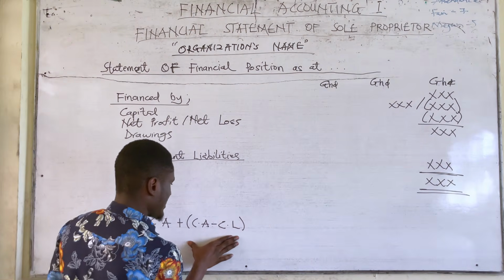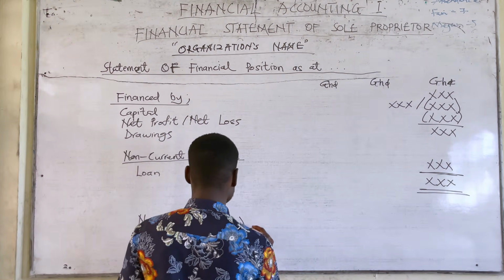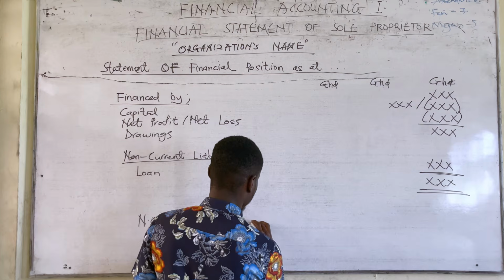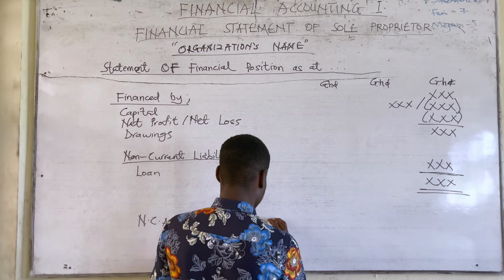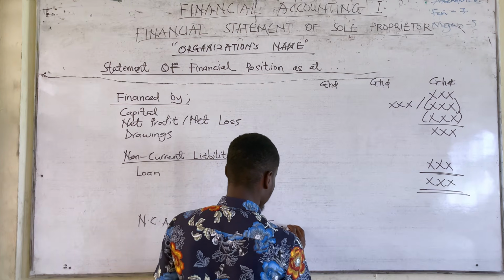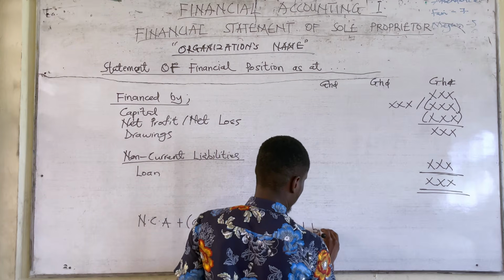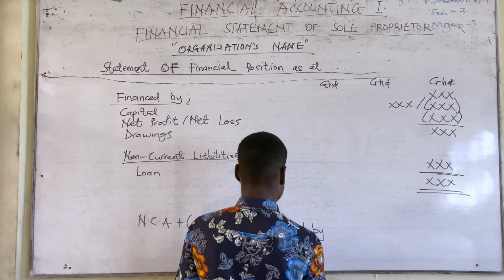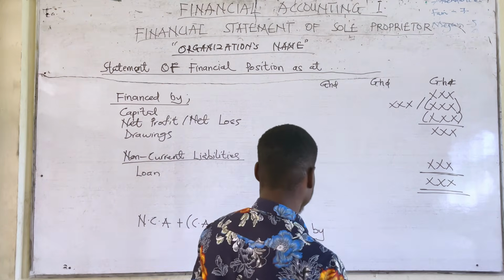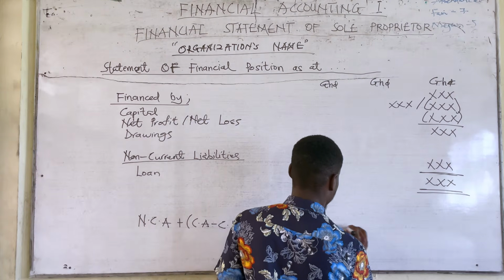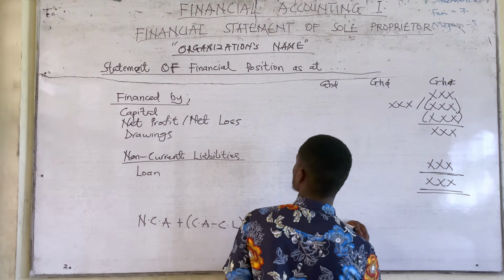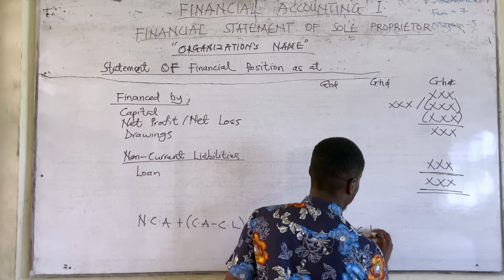Okay, after subtracting this, we should get the working capital. Okay, so the finance part plus the non-current liabilities.